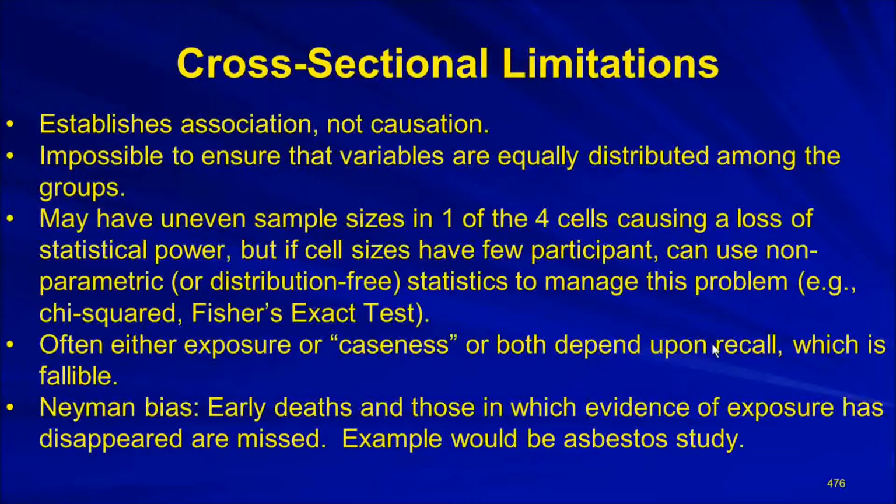So your study would be compromised by the fact that not all people were available, and you couldn't possibly test them all. So a Neyman bias means that the people are not included in the study because the most severe cases are missed because people are dead.